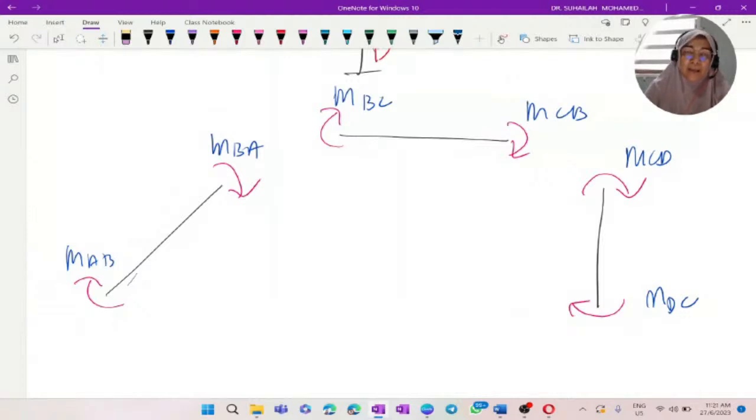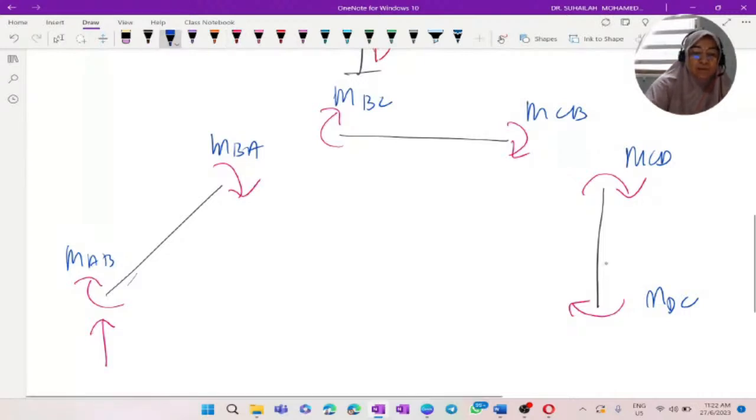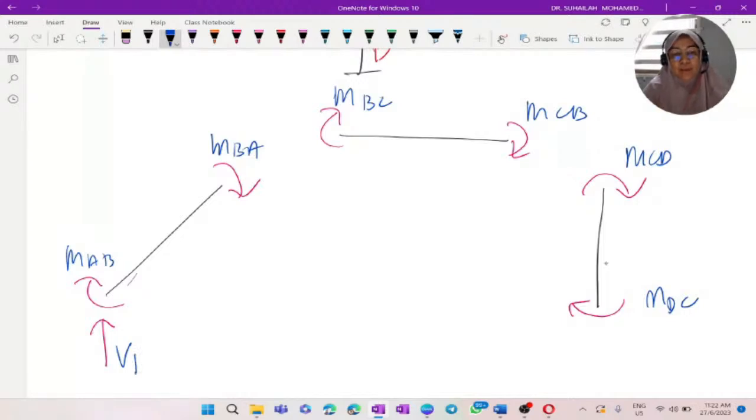At A it is a fixed support, so at the fixed support there are reactions. The vertical reaction we name V1, and the one in horizontal direction is H1, and the system must be in equilibrium.